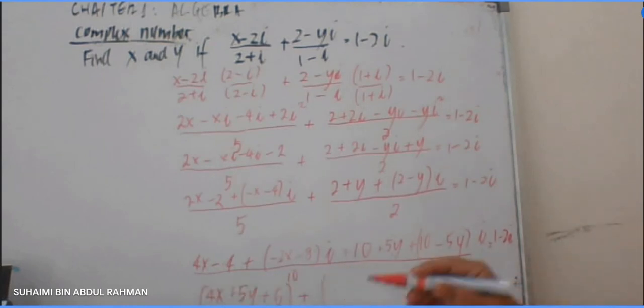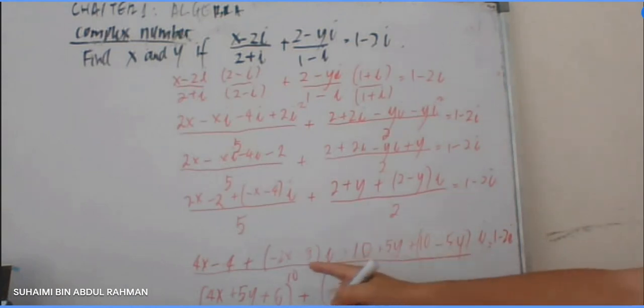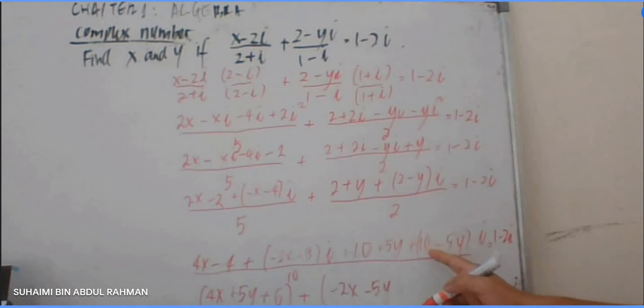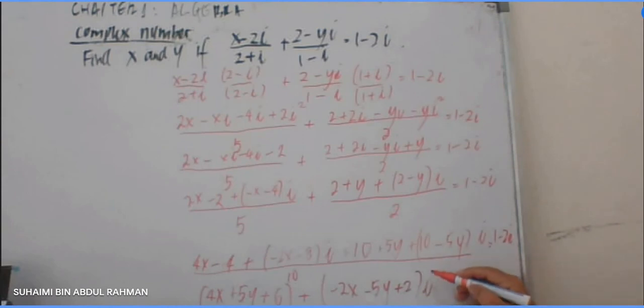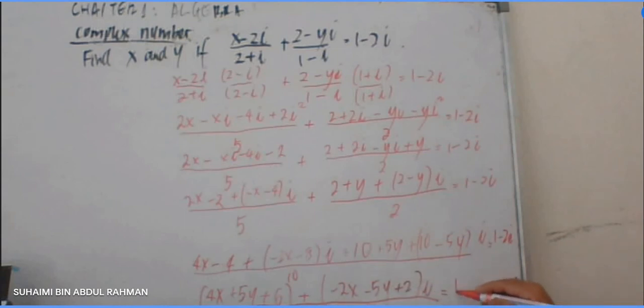Plus the imaginary parts: minus 2x minus 5y minus 8 plus 10, which is plus 2, i, over 10, equal to 1 minus 2i.